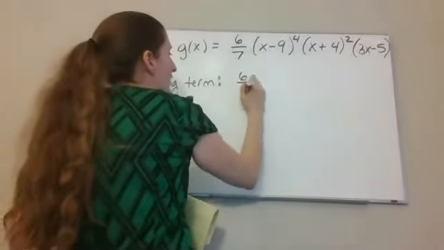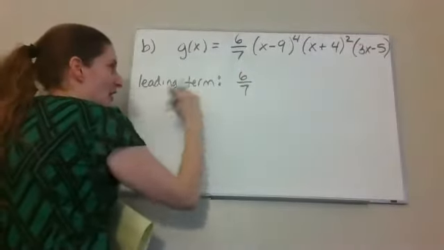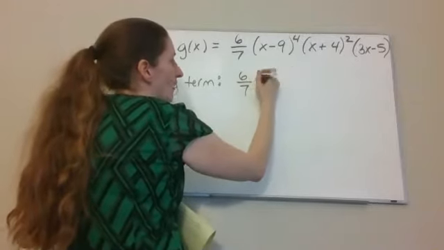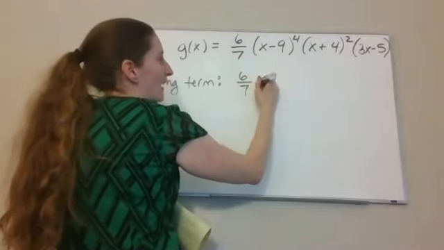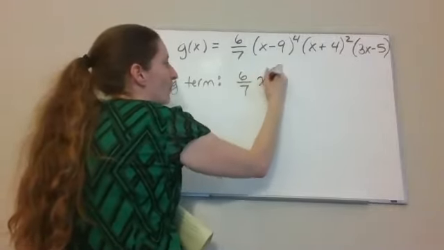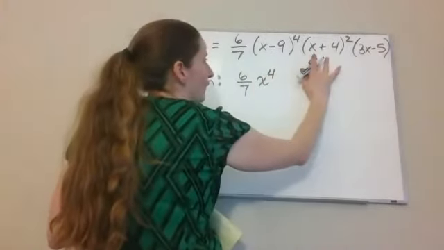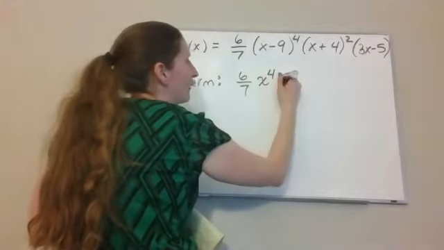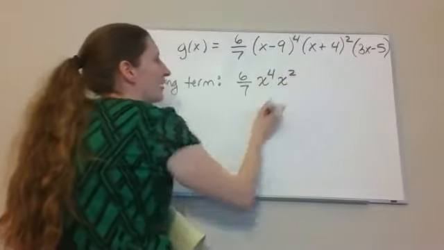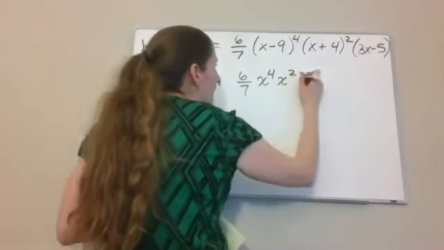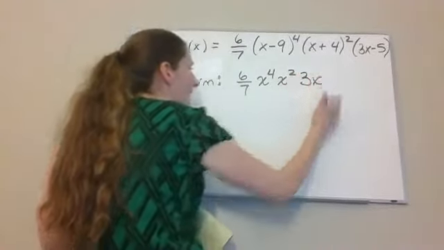I know I would have that 6/7 multiplied on it. If I multiply out this (x minus 9) to the fourth, I know that the highest power of x I'm going to get is an x to the 4th. If I multiply out (x plus 4) squared, my highest power of x is going to be x squared. And in my last factor here, my highest power of x is 3x.